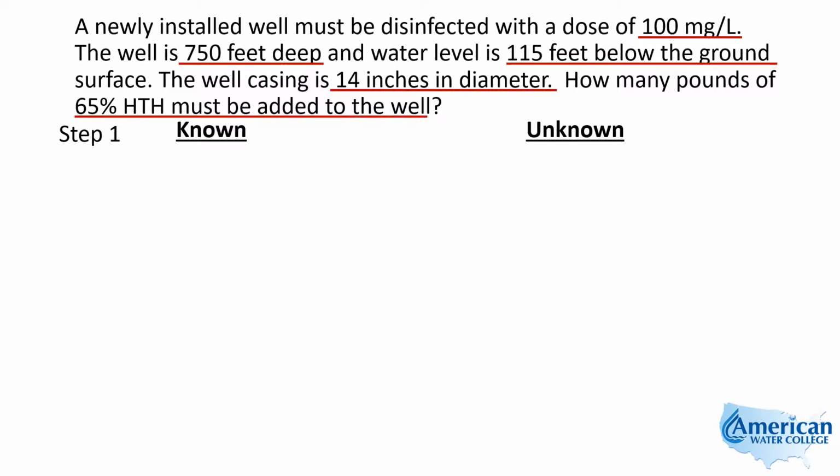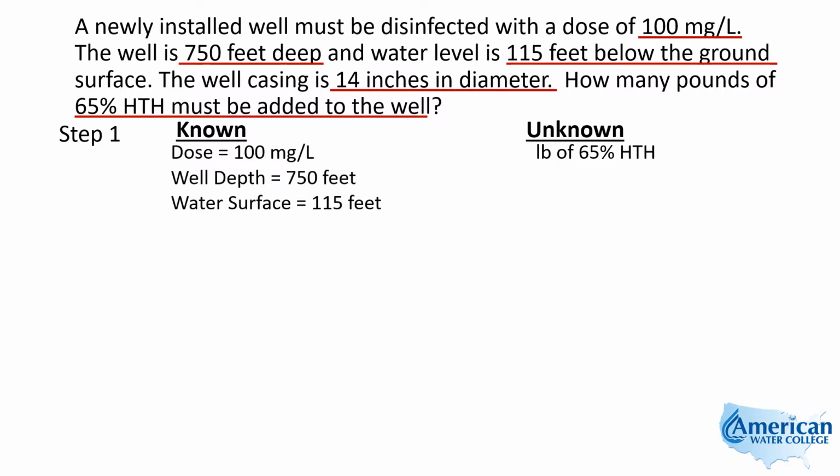Basically I'm just going to pull all this information out and put it in my known and unknown categories for step 1. So we need to know how many pounds of 65% HTH to give us a dose of 100 milligrams per liter. The well depth, all the way down to the bottom of the well, is 750 feet.